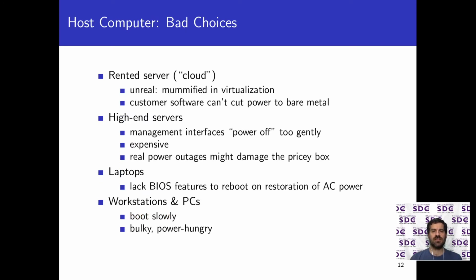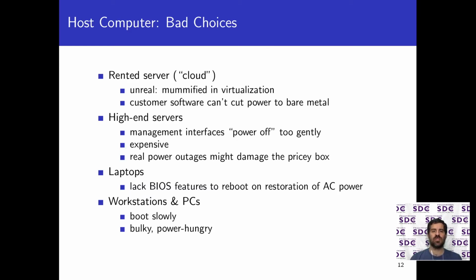There are several candidates for the role of host computer in our power failure testbed. Most of them suffer serious drawbacks. Running a server from a cloud provider doesn't work because by design, customer software cannot cut power to the bare metal. High-end servers are expensive and pose a dilemma.